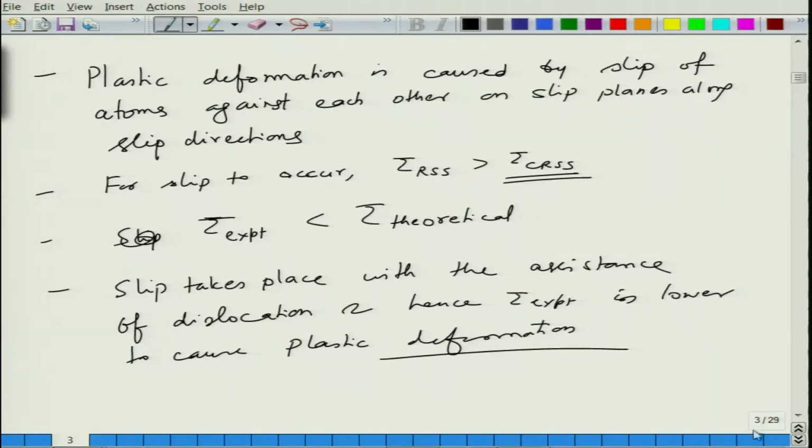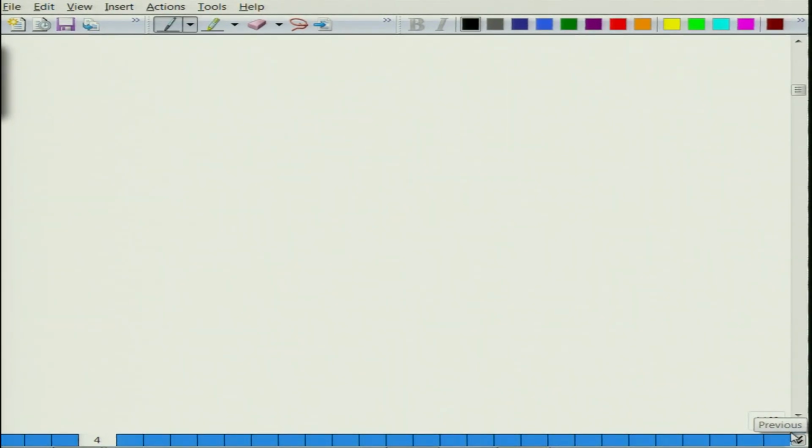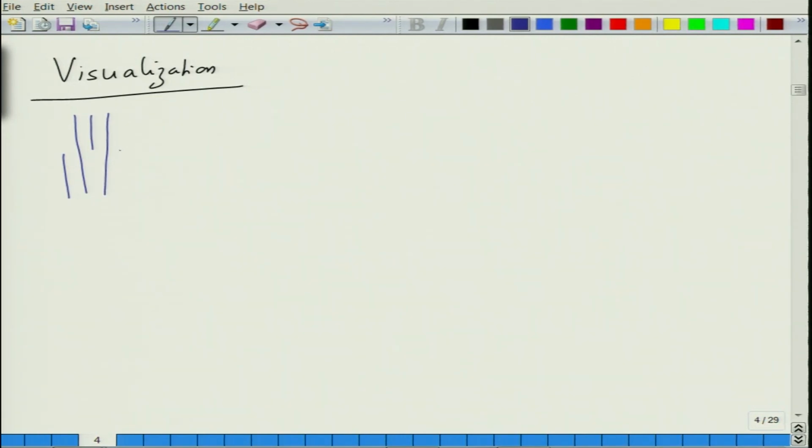Now, another way of visualizing this slip is through visualization. So, when we say the slip takes place, let us say you have a plane of atoms, you have an extra plane here, another plane there, and then when you apply stress to it, this moves further up.